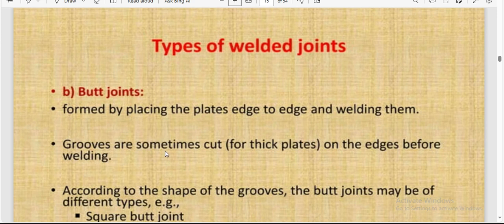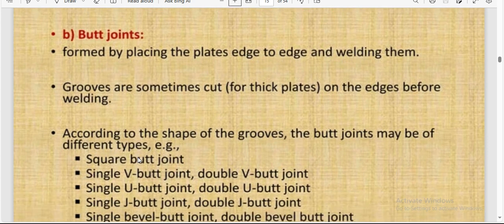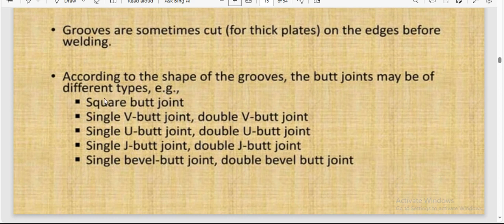Grooves are geometric cuts, sometimes made on the edge of thick plate before welding. According to the shape of the grooves, the butt joint may be of different types. Examples of butt joints are square butt joint, single V butt joint, double V butt joint, single U butt joint, W butt joint, single J butt joint, double J butt joint, single bevel butt joint, and double bevel butt joint.